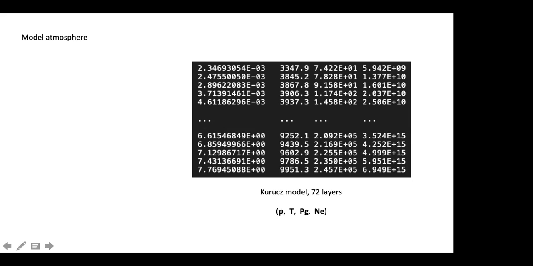Because of course, it can happen, for example, that in the lower layers it's too hot and this species is ionized, so my photon goes through because there are no atoms able to absorb it, because they are all ionized. But when I get to the end, the matter is much cooler and they can absorb it.